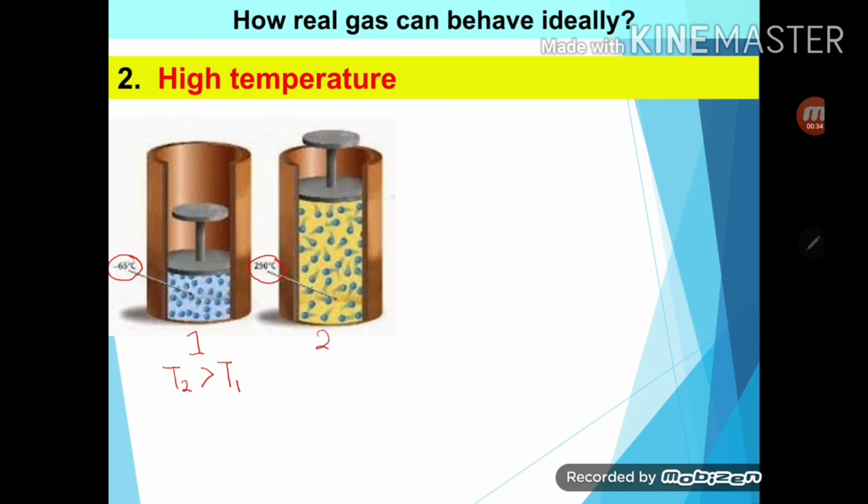Then, you also can see that the volume of container number 2 is bigger than that of container number 1. Why does this happen? Because based on Charles' law, volume is directly proportional to temperature, to make sure that the pressure of the gas is constant.